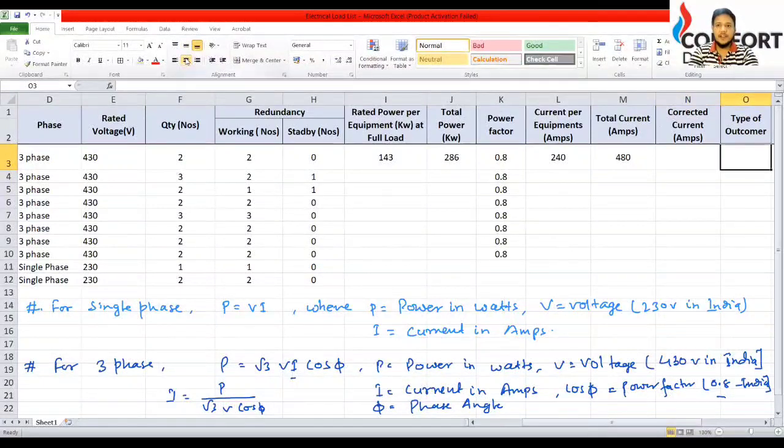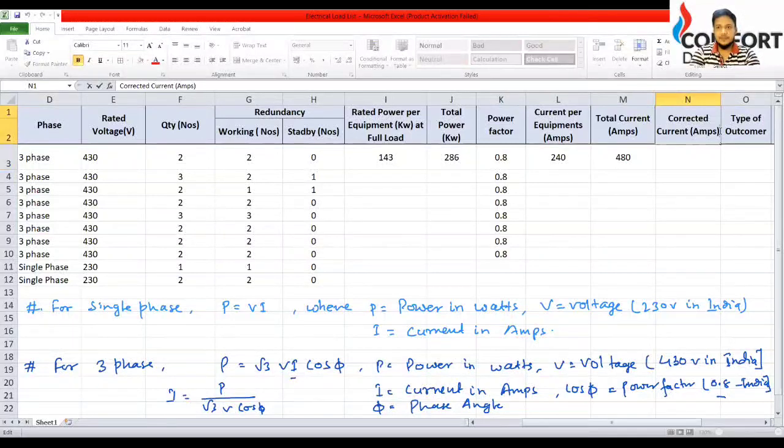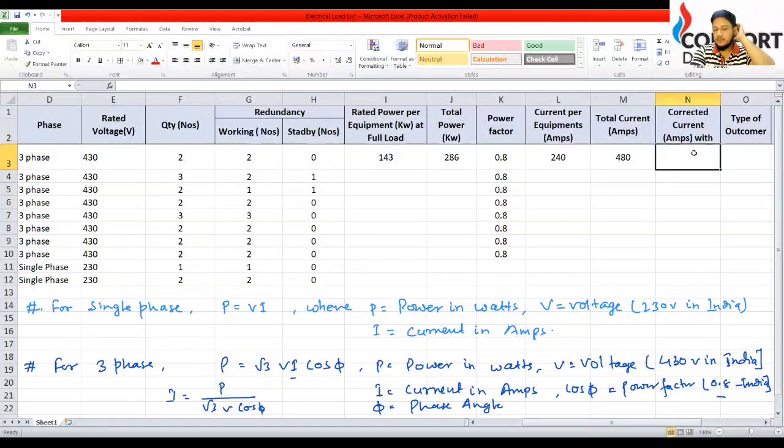Now after that we will write the corrected amperes, that is after taking some factor of safety, FOS. With FOS we can take 10 or 15%, so 10%. For each chiller we will require one outcomer.